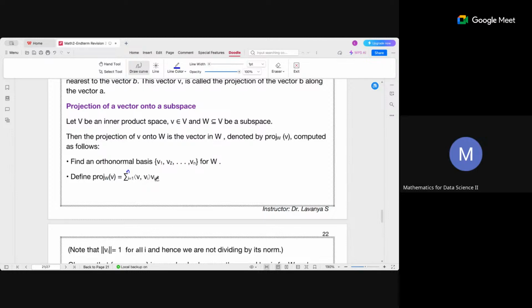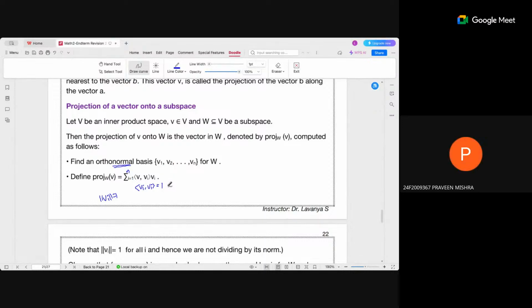Here we don't have anything in the denominator because inner product of Vi, Vi is 1, since it is orthonormal. The norm of Vi is the square root of inner product of Vi, Vi, so it is 1.